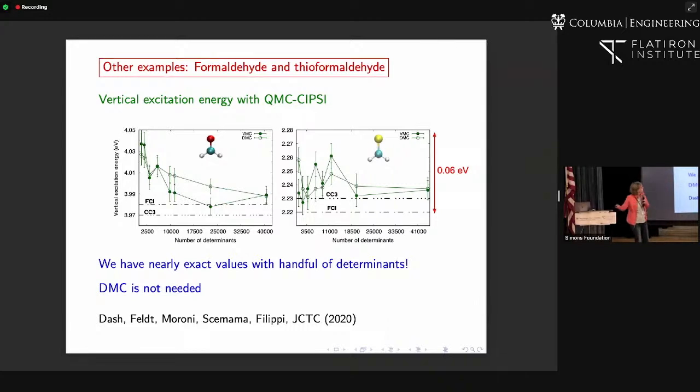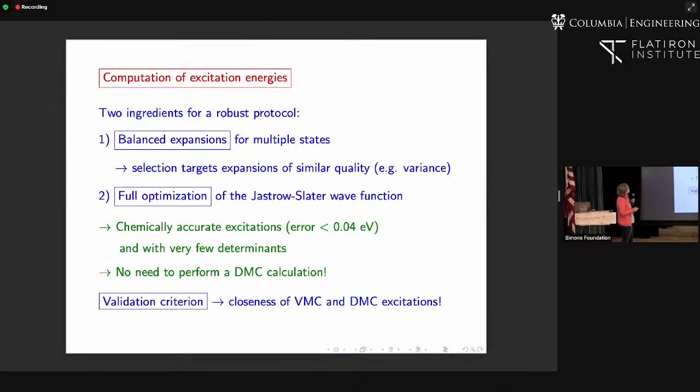So what do we do, therefore? We looked also at more molecules to have a robust protocol when treating multiple states, because these are really total ends of different states. We are building a balanced expansion. So what we mean is we are performing a selection in such a way that the starting expansions have a similar quality.